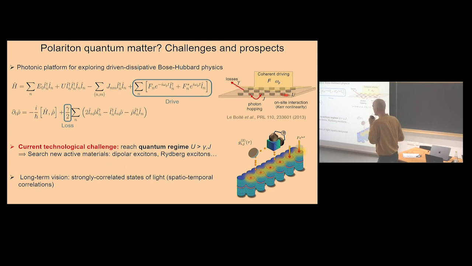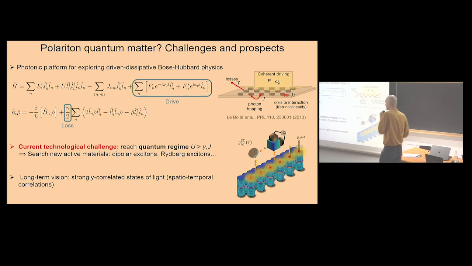It's a driven-dissipative Bose-Hubbard model, because it's driven by the laser, and there are loss terms inherent to the cavity loss. So far, we are working in the mean field regime, the Gross-Pitaevskii equation, and one of the current technological challenges is to reach the quantum regime where the interaction becomes strong enough to generate quantum correlations inside the system.